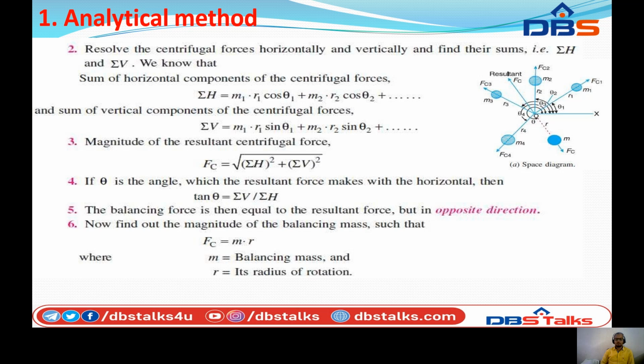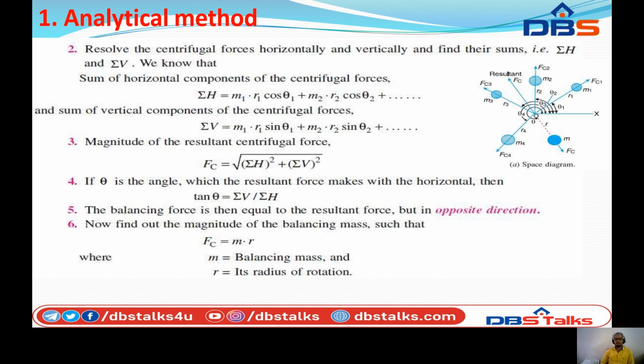Finally, the sum of the horizontal components of the centrifugal forces, that is sigma H, for all the masses, here we have four masses. So for all the masses, we need to calculate the horizontal components of the centrifugal force.